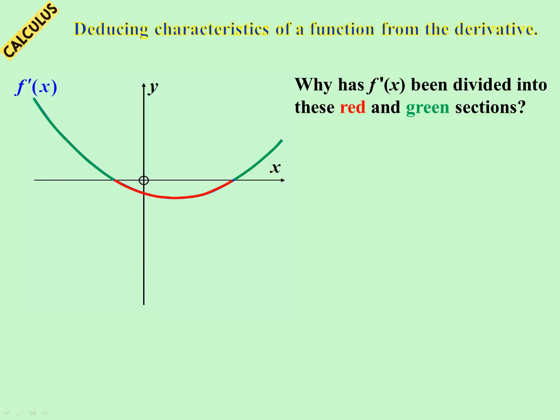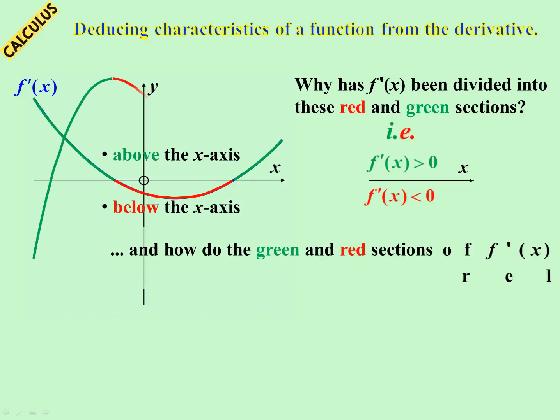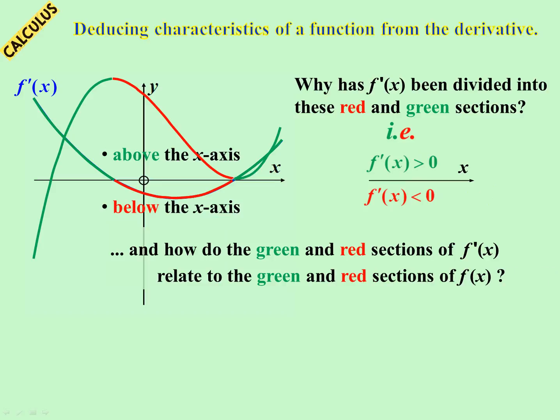Why have we divided into red and green sections? There we are. Above, below the axis. Now, f prime above the axis means f prime is greater than 0, and below means f prime is less than 0. Well, have a look at the red and green sections there. They're drawn so that f's red coincides with f prime's red, and f's green coincides with f prime's green.